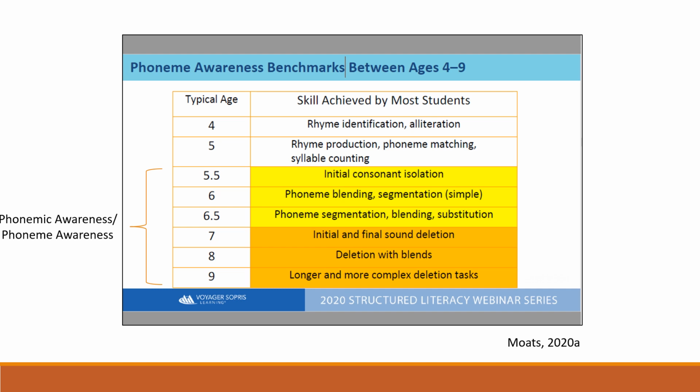By 6.5 to 7 years of age, children will be able to substitute and delete phonemes. Substitution sounds like this. Say cat. Now say cat, but say s instead of k. Deletion sounds like this. Say feet. Now say feet, but don't say f.